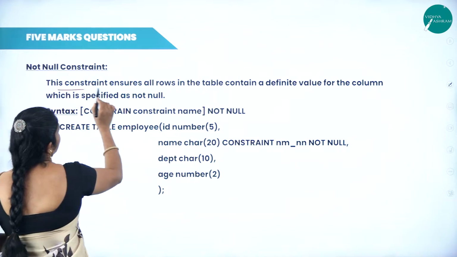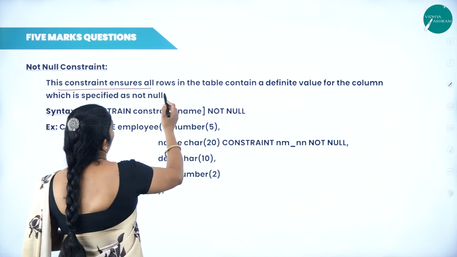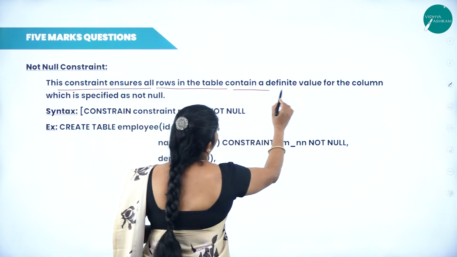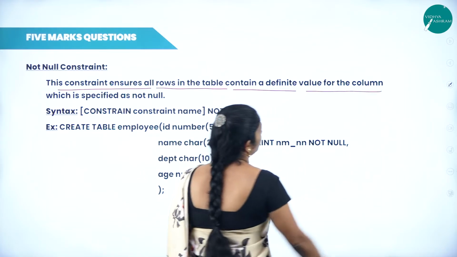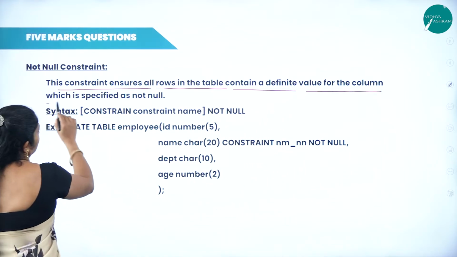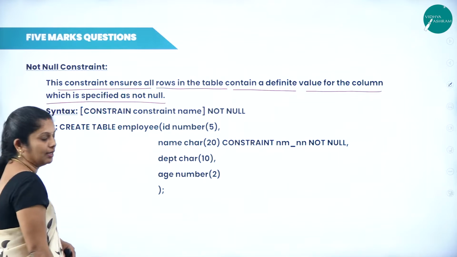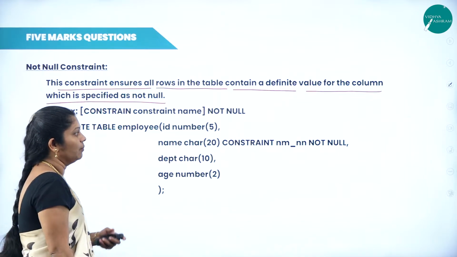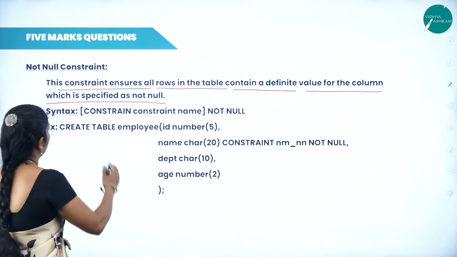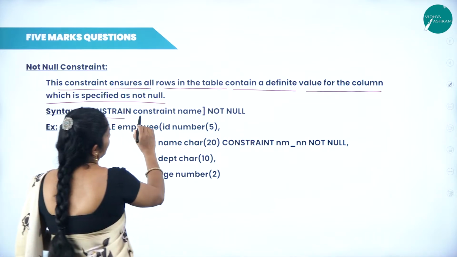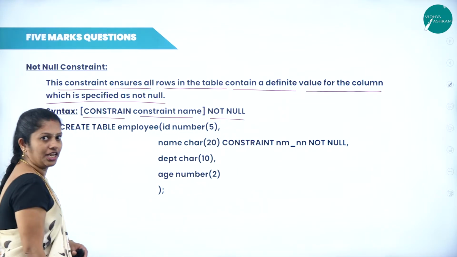This constraint ensures that all rows in a table contain a definite value for the column which is specified as not null. Compulsorily, for that particular column we have to enter the value. Syntax: constraint name, then you have to mention not null.